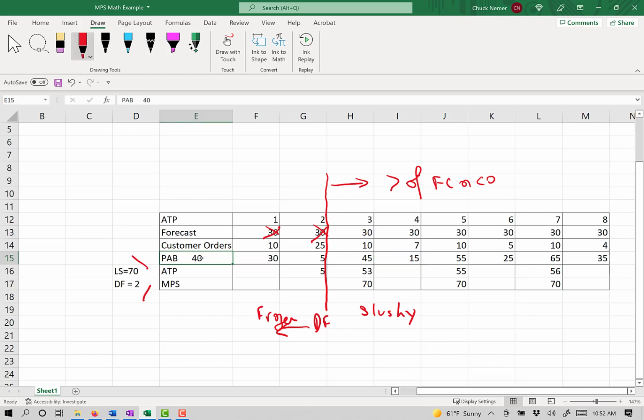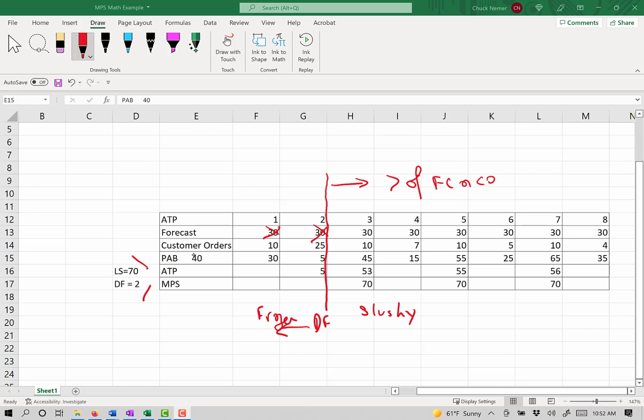This 40 you see up front is what we're starting with, 40 on hand. Master production schedule is what we're going to build in response to the supply versus demand conversation, which we'll take you through. And available to promise, which we'll show you last, is a tool we use to make promises to the customer. So let's take you through the math as we go through it here.